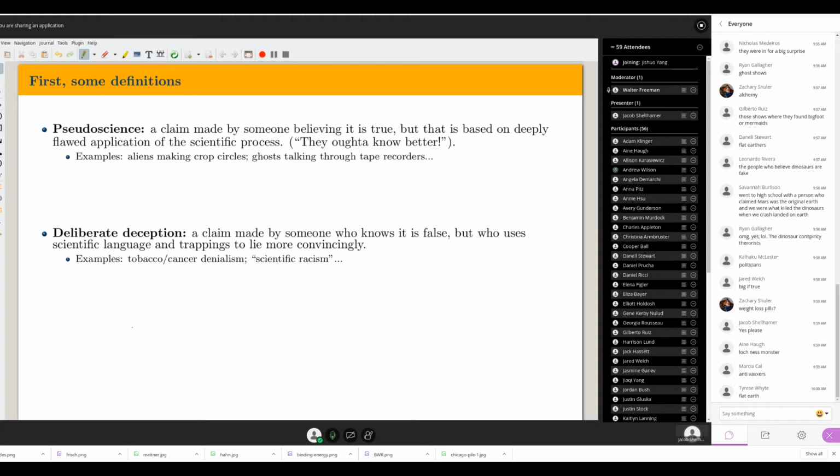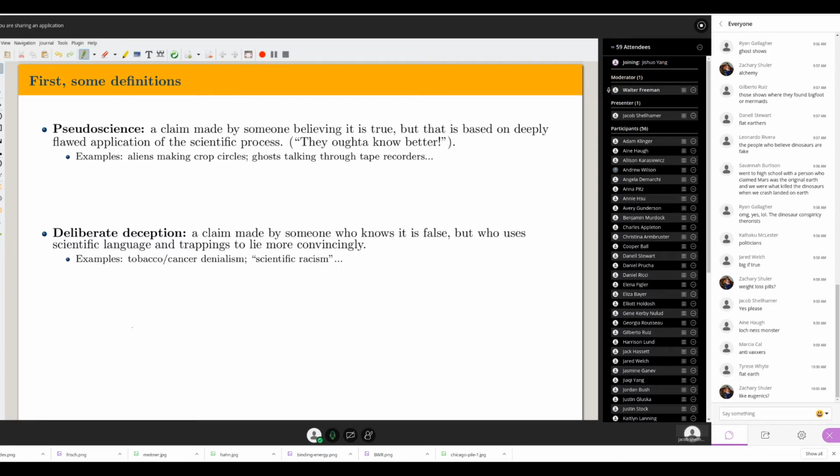Scientific racism, in scare quotes, the people coming up with nonsense pseudoscientific justifications for their racism. That has been a huge problem.